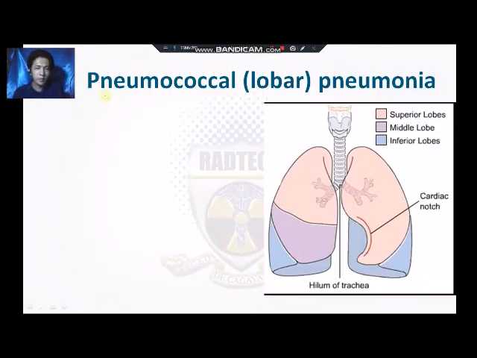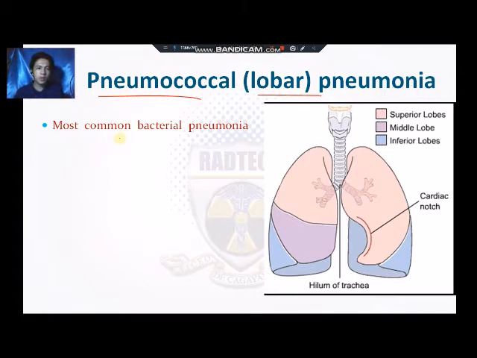Okay, so if only part of the lungs of the patient has been affected by the disease, or only a lobe of the lungs is affected, then we can call that lobar pneumonia, also known as pneumococcal pneumonia.